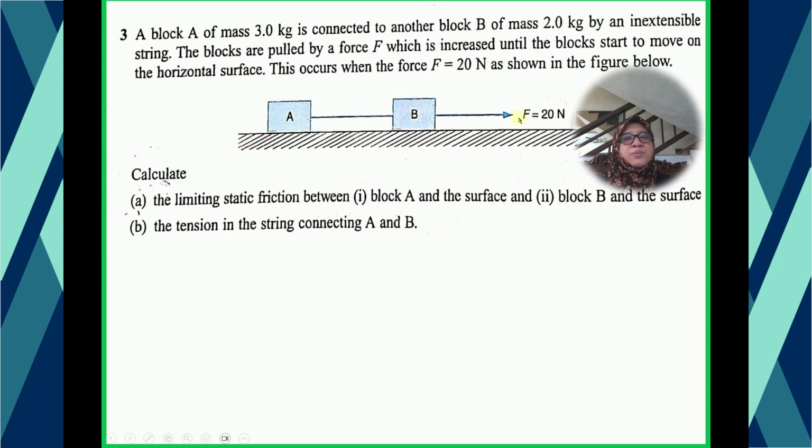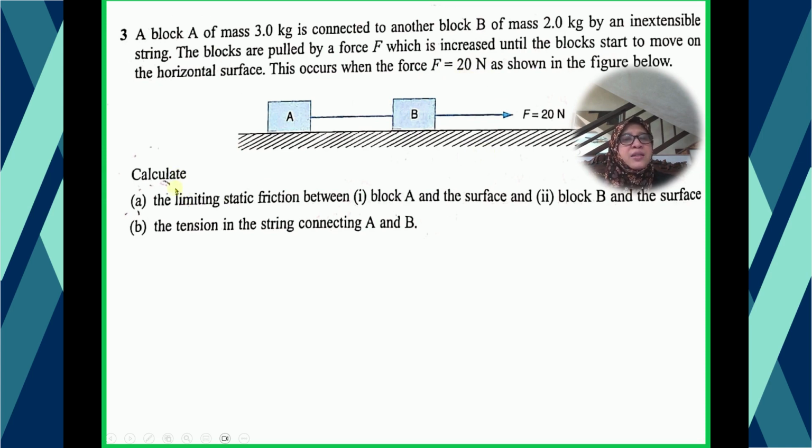That means limiting static friction is involved here. So this F equals 20 Newton is equal to the limiting static friction, because F is increased until the blocks start to move. This occurs at F equals 20 Newton, so it is understood that F is the limiting static friction.